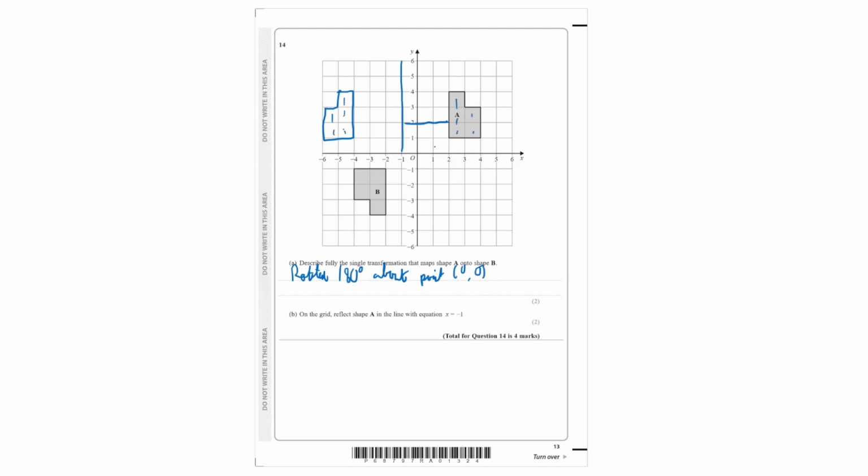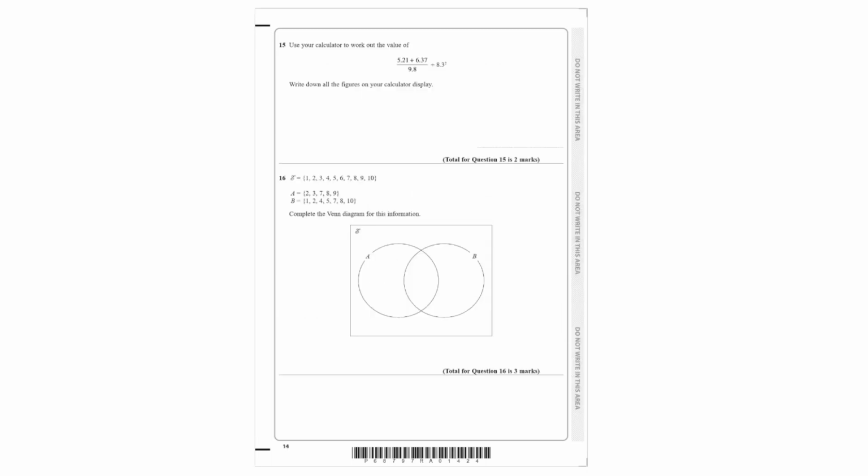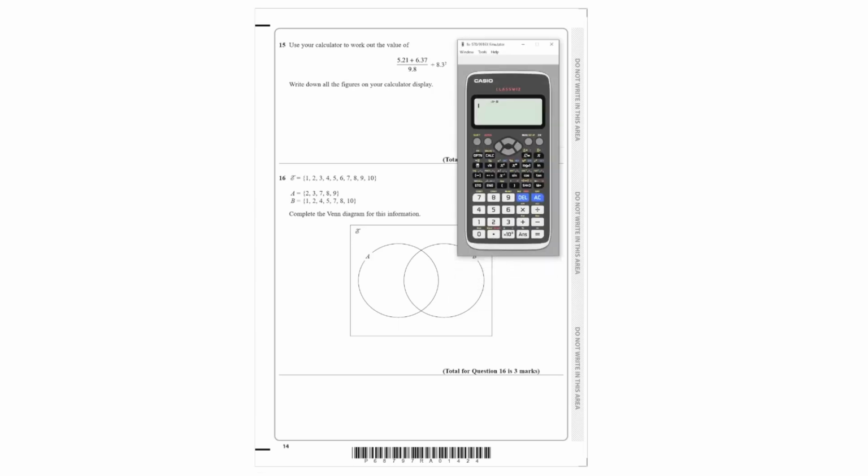but it's flipped. Question 15, use your calculator to work out the value of 5.21 plus 6.37 divided by 9.8 plus 8.3 squared. Write down all the figures displayed on your calculator. So we just have to input this, 5.21 plus 6.37, which is then divided by 9.8.